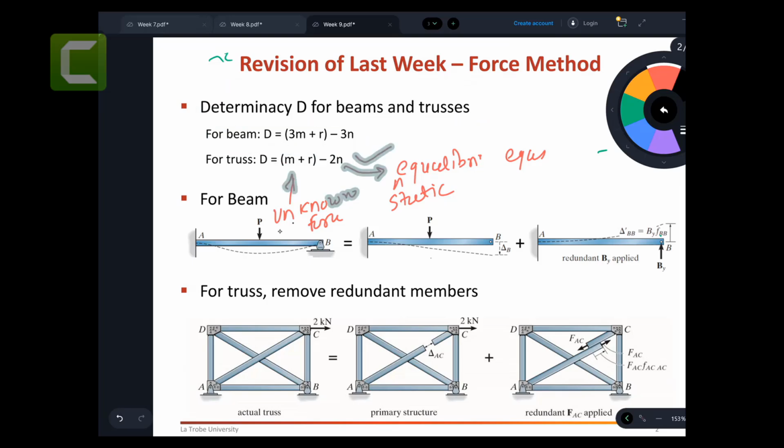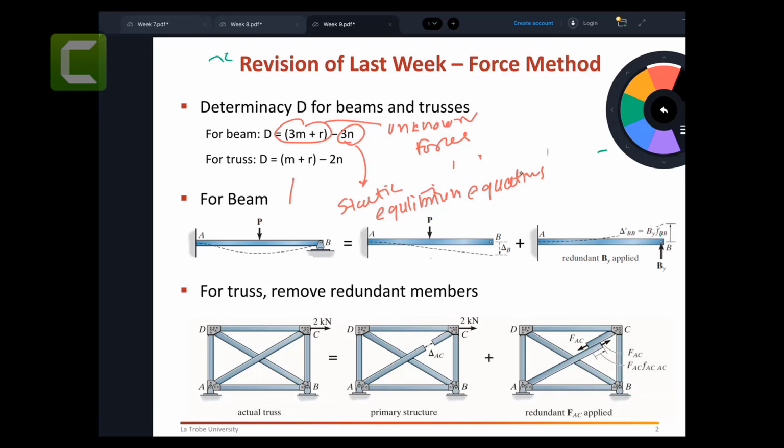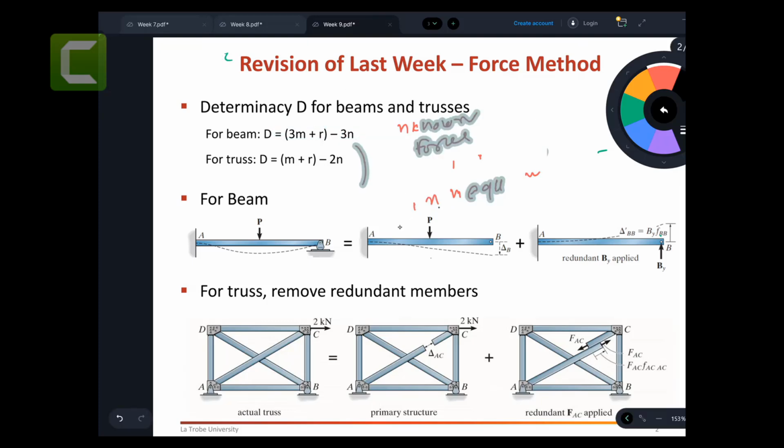Similarly here, the first terms represent unknown forces, and these terms represent the number of static equilibrium equations. So basically, how many unknown forces, take away how many equilibrium equations you have in the system. And probably you remember these kinds of examples that we solved as well, where someone asked you to draw the shear force diagram and bending moment diagram.